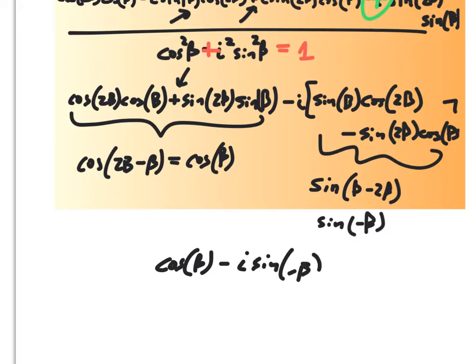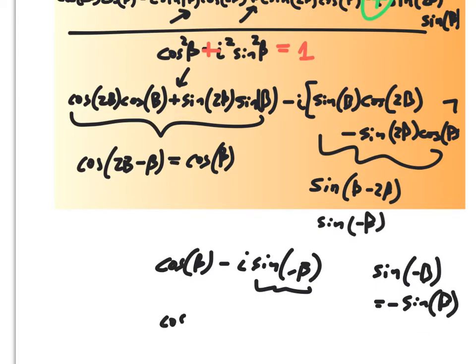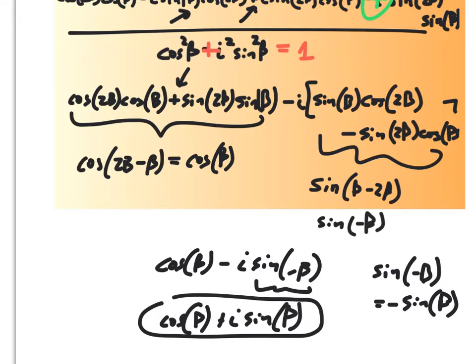Now there is a way for me to simplify this. Sine is an odd function, therefore I could take sine of negative beta and make it equal negative sine of beta. So that would negate the negative sign out in front, and all this simplifies to the following. That's pretty awesome.